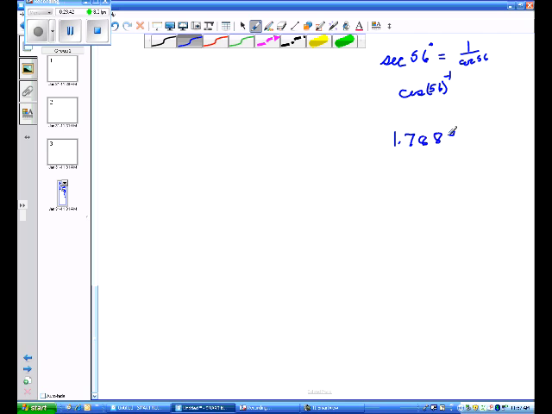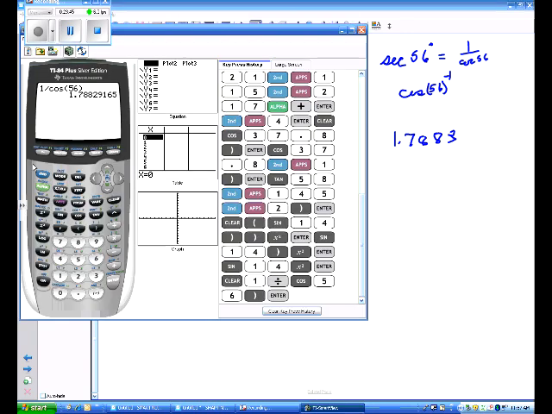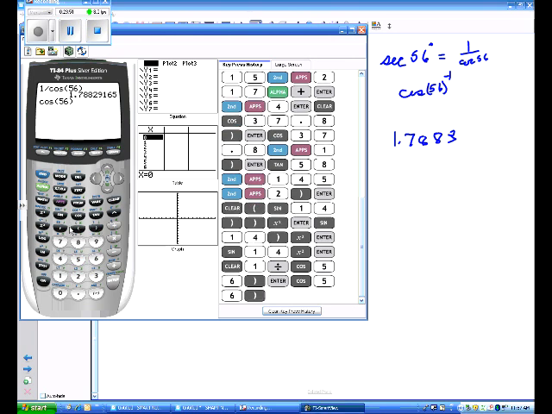Or we can do the cosine of 56, close our parentheses, and then we have our reciprocal button. We're saying we want the reciprocal of the cosine, and you notice we get the same answer. So anytime you're trying to do a reciprocal function, you're going to have to use a reciprocal.